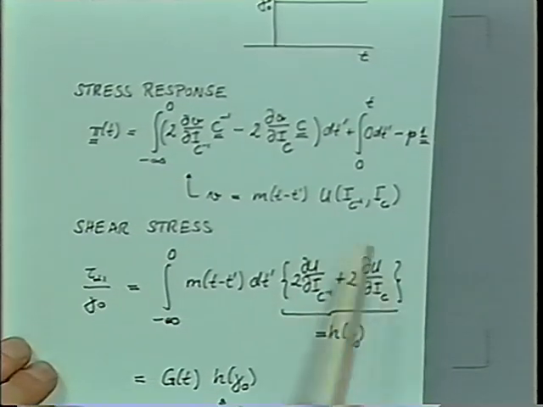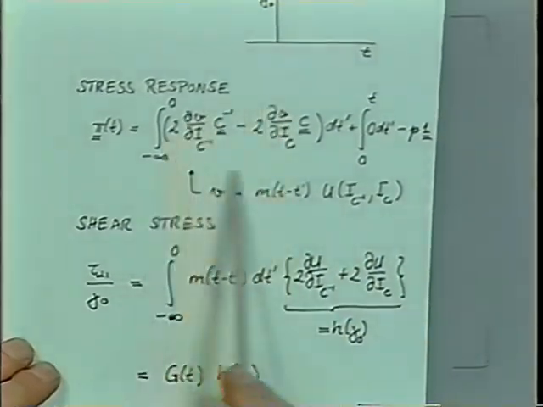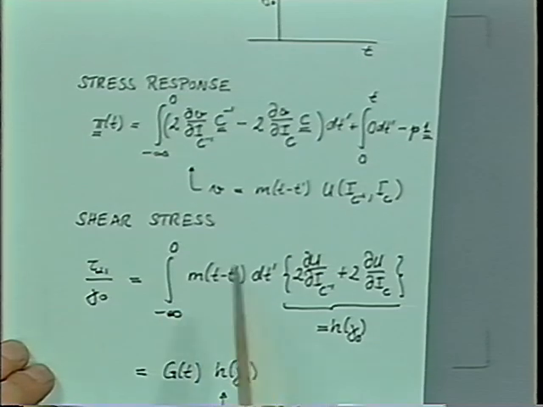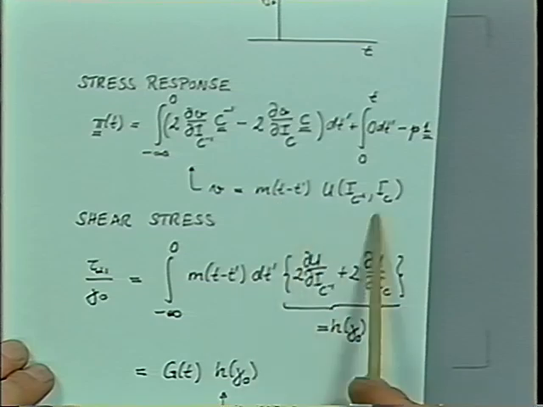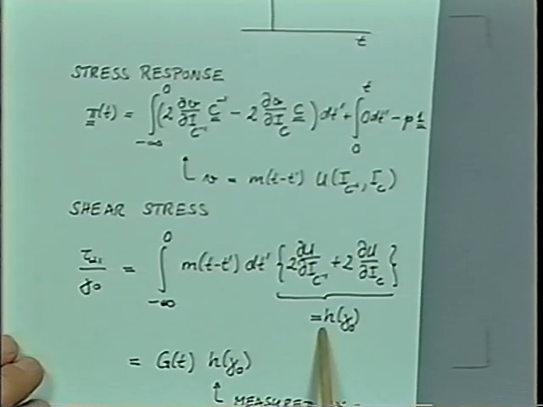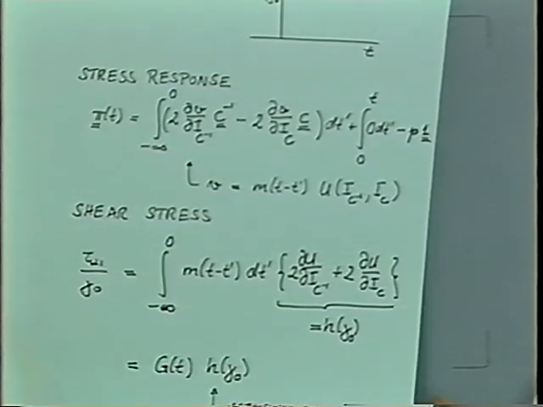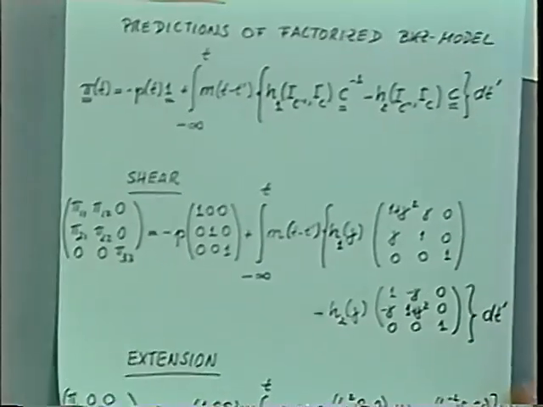Okay, and now we evaluate this integral by splitting this function into time dependence and strain dependence. It reads in the following way for the Finger strain tensor. Let me go back here.